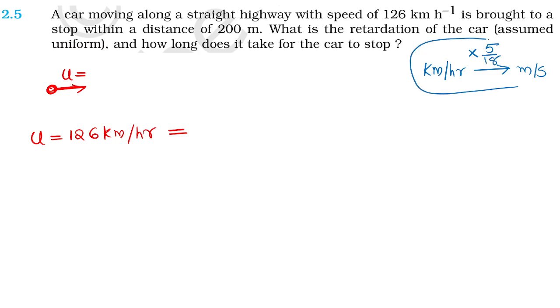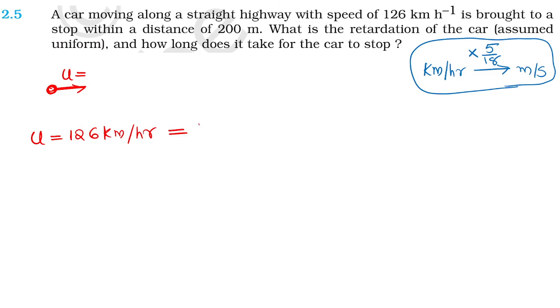If you don't remember, I discussed it earlier, so please write it. Kilometer per hour can be converted to meter per second by multiplying with 5 by 18. Remember, meter per second is the standard unit of velocity.